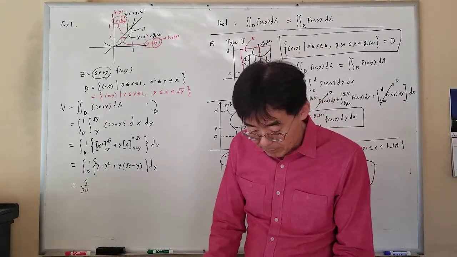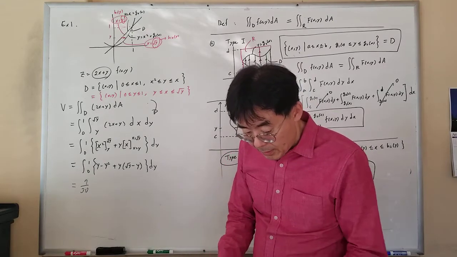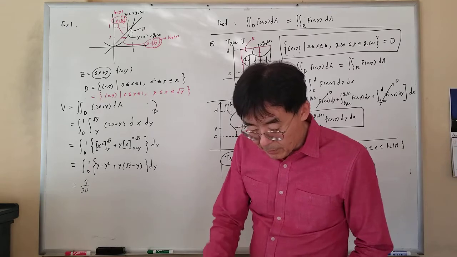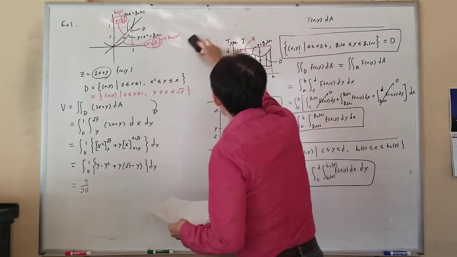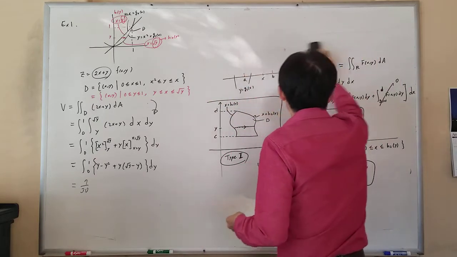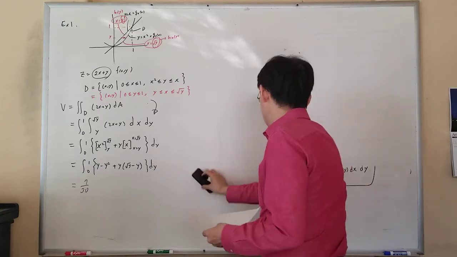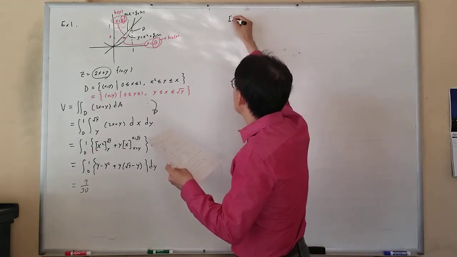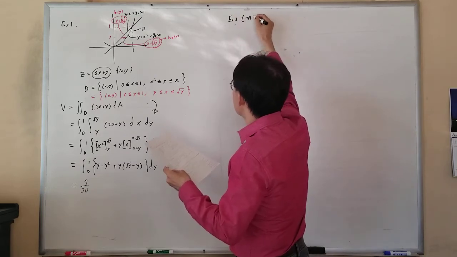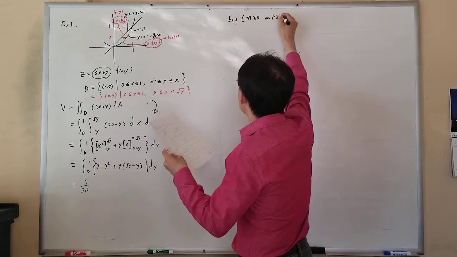All right? Now, example 2 is a hint for your homework. Okay, let's see. Your example 2 is number 30 on page 851.